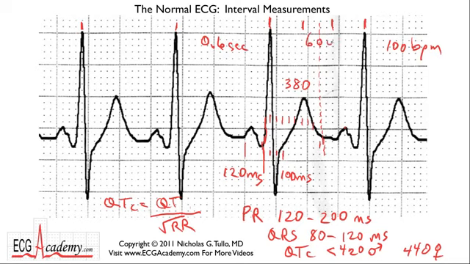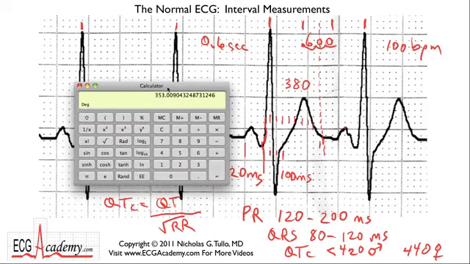If this is 600, you bring the decimal point back to the left 3 spaces, 1, 2, 3, and you get 0.6. So let's bring our calculator in here. We'll say 0.6, the square root of that. 1 over the square root is 1.29, and multiply that times the QT that we measured, which was 380, and we get 490.